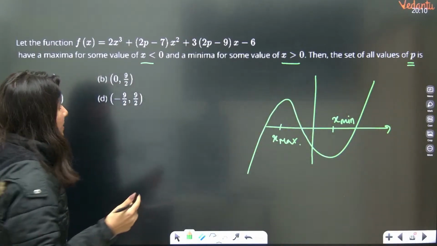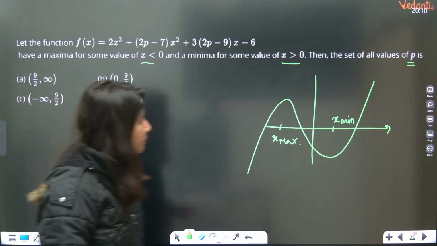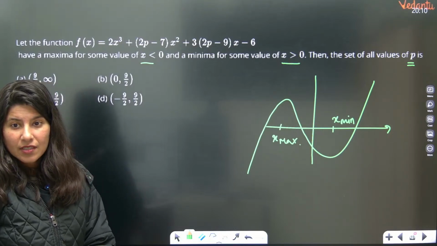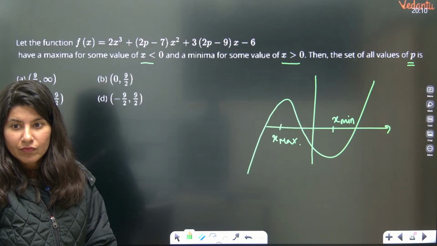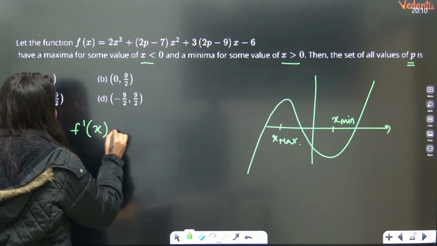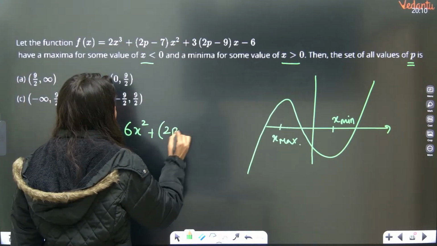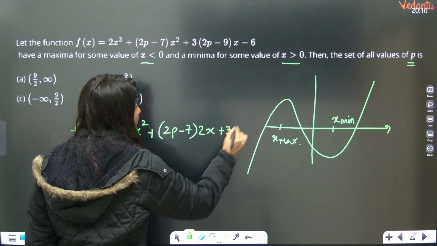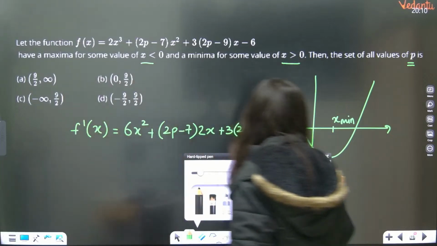Correct? So understand that if this is the graph, let's calculate f dash x. F dash x will be 6x square plus 2 times (2p minus 7) x plus 3 times (2p minus 9). Now understand what is happening.